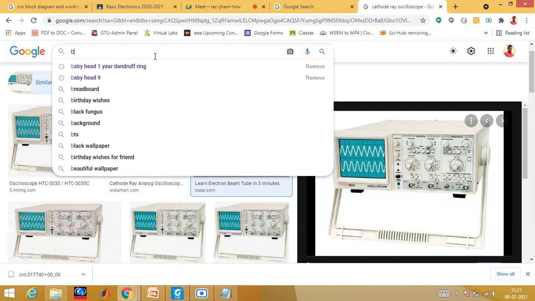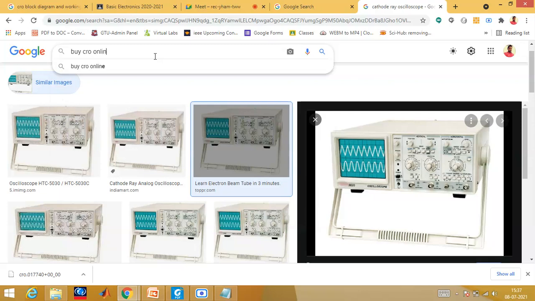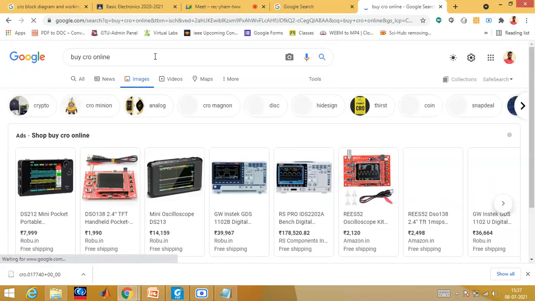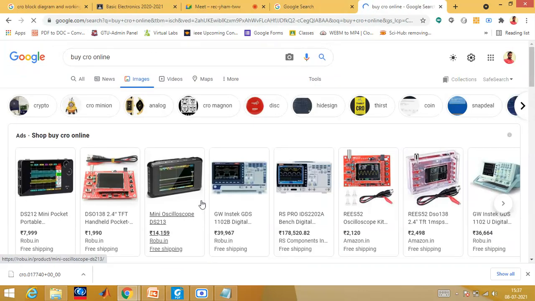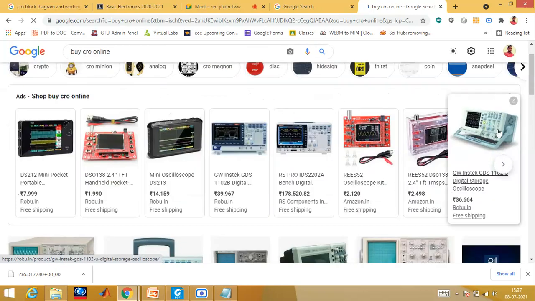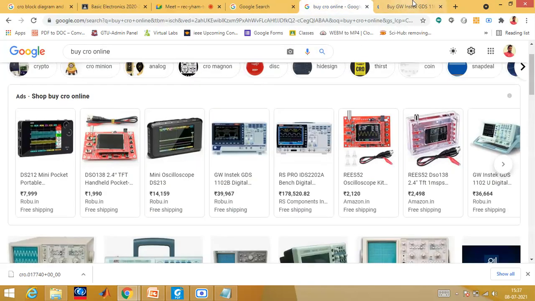I'll just type CRO online. I just want to show you one thing. See here, there are several types of CROs available, and you can see the cost also.